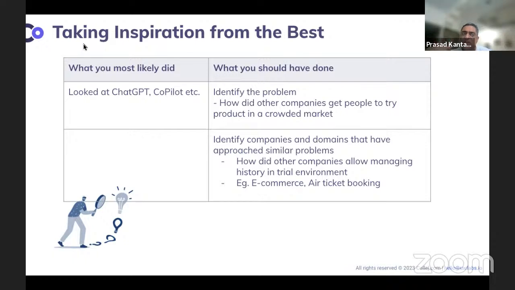Same thing, if you're looking at Bharat GPT, what is Bharat GPT's differentiation? There is no differentiation other than the fact that it was developed in India for Indian languages. So is that product solving my problem, or is it just there because it appeals to my sense of patriotism and is trying to get me to use it?